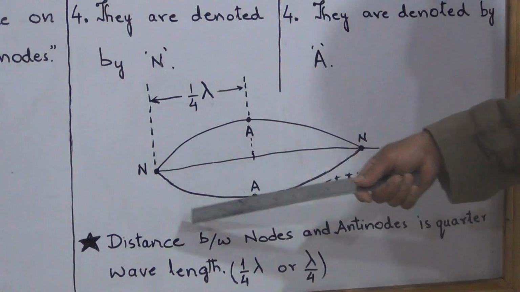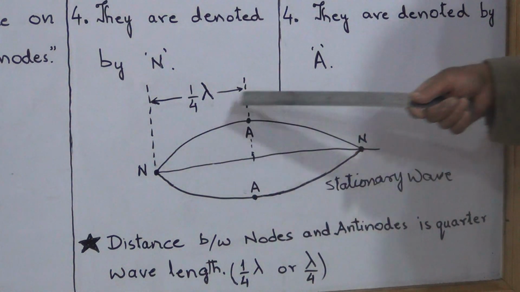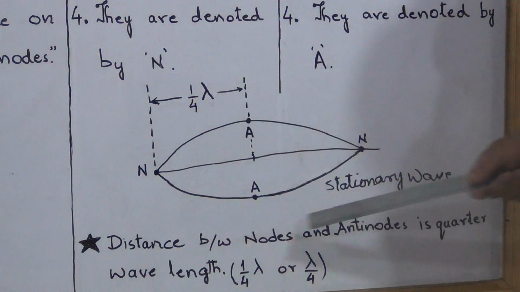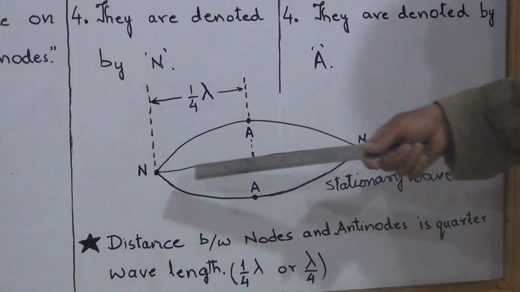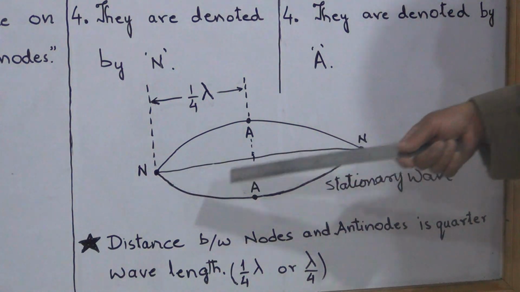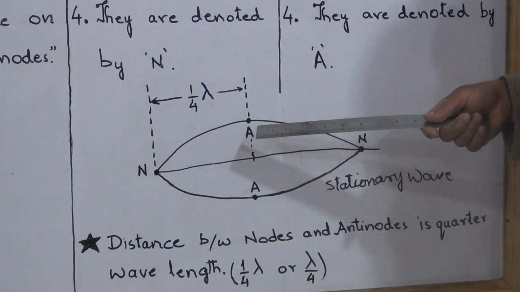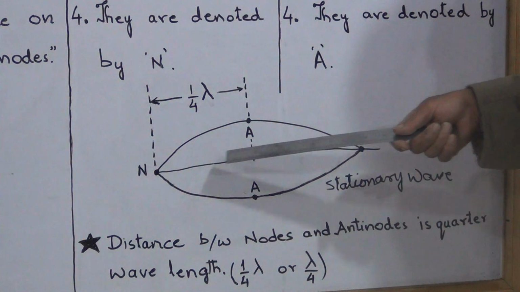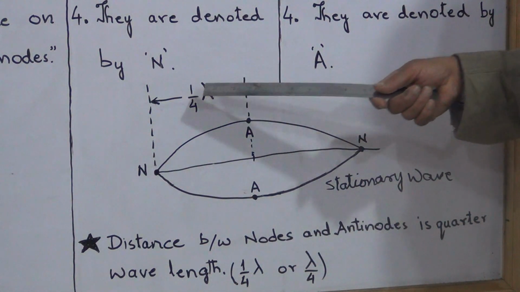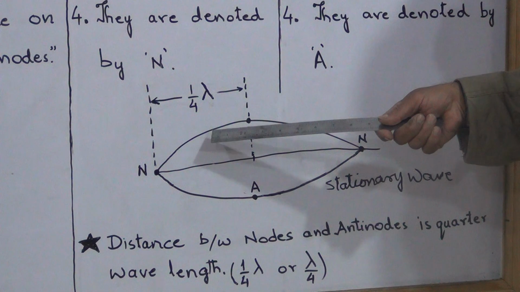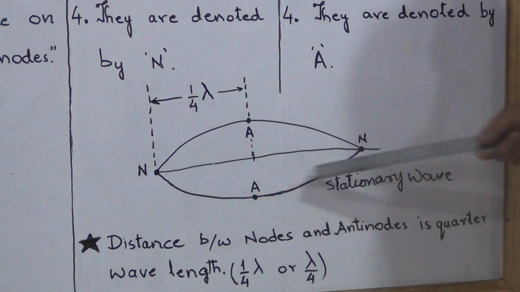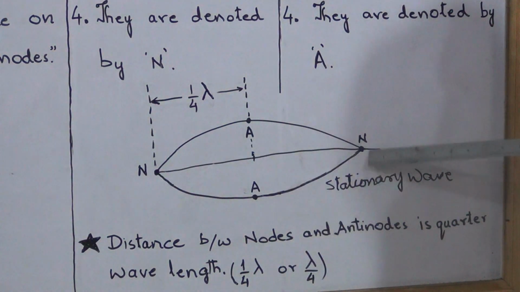So look at the diagram. This one is a stationary wave, one part of the stationary wave. This one is a node and this one is an antinode. If you take the distance, it is quarter lambda or 1/4 lambda, half of this from here to here.